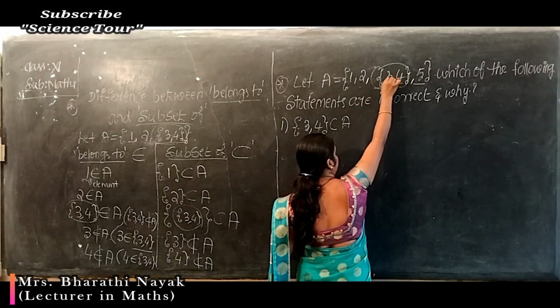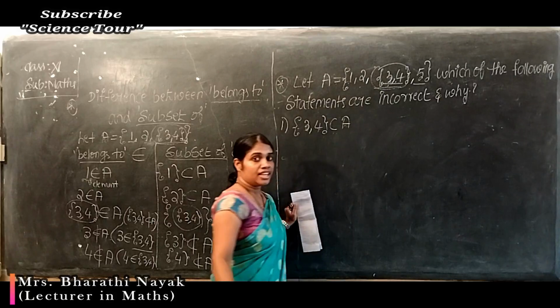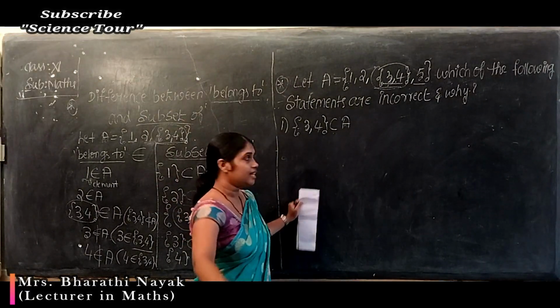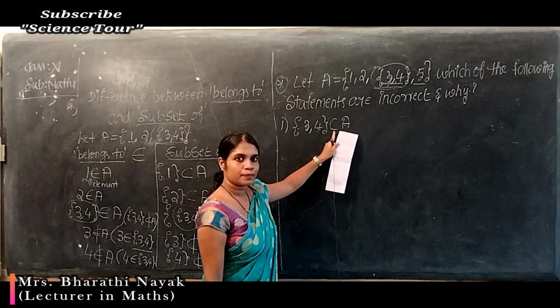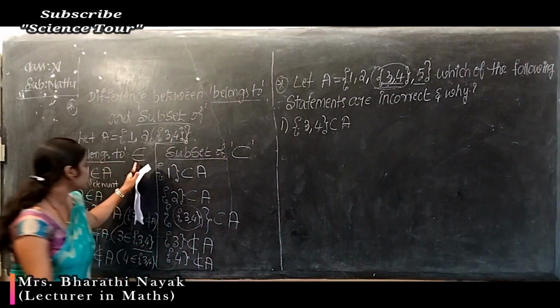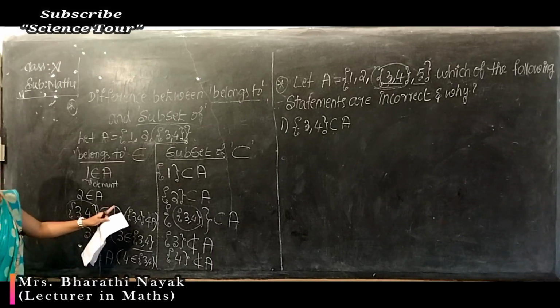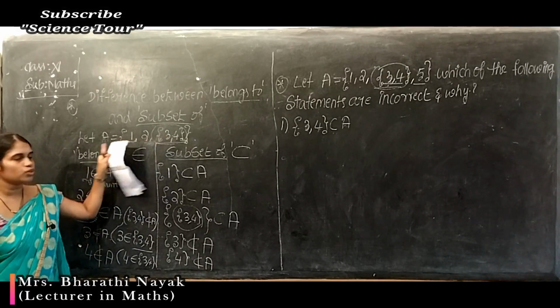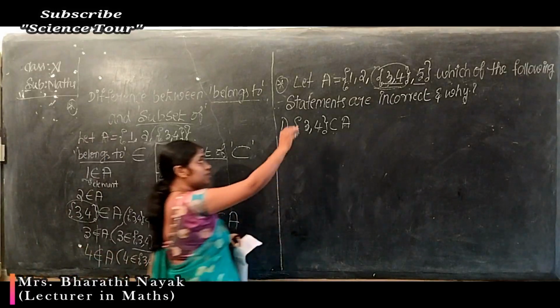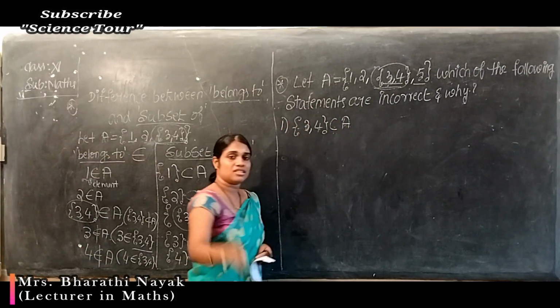The set containing 3, 4 is an element, isn't it? If it is an element, then which symbol do we have to use? We have to use this symbol. See here, the set containing 3, 4 belongs to A. But here it is given that the set containing 3, 4 is a subset of A. This is wrong.